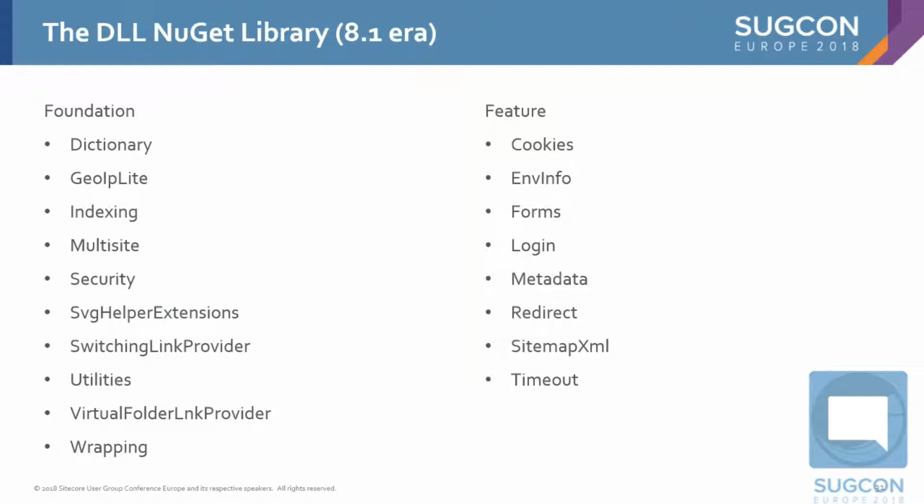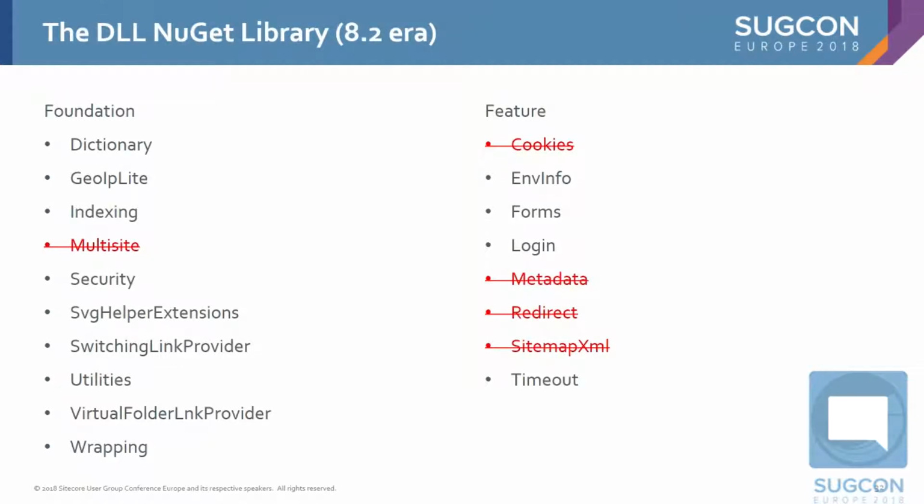And this one, the switching link provider and the virtual link provider, that's what I was talking about before, changing the URL. So this package is actually part of every single solution. And then we have a couple of features which mainly are nice. And this is the 8.1 era. So we have 8.1 in our ranks, and then we have 8.2 in our ranks.